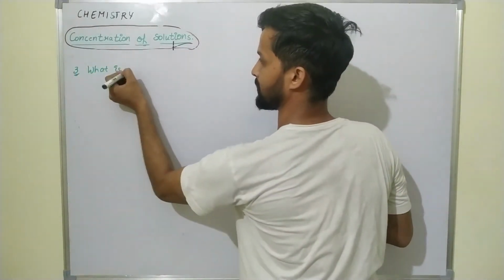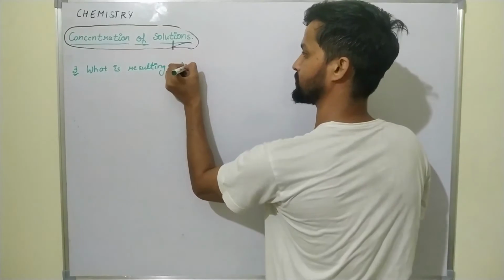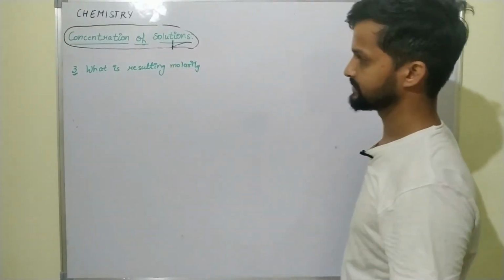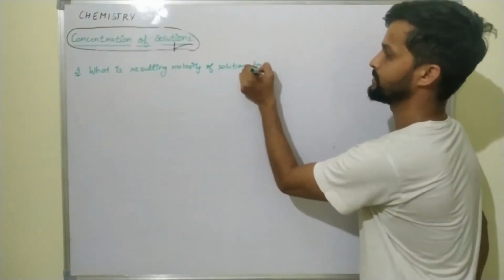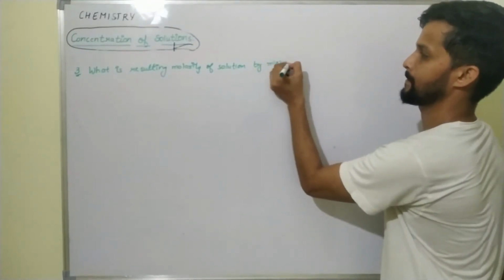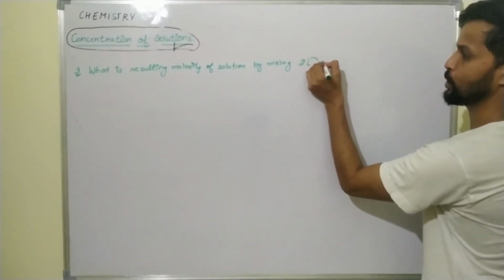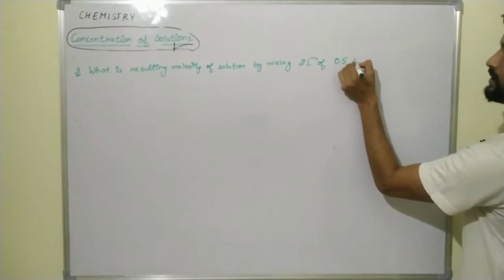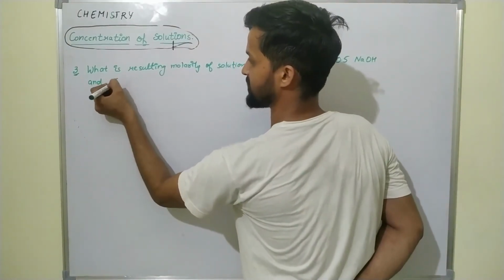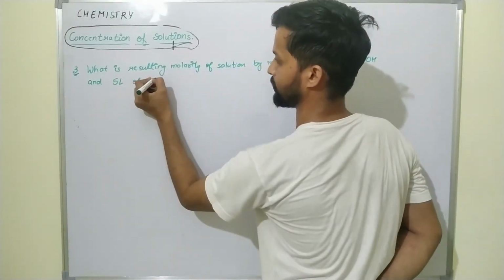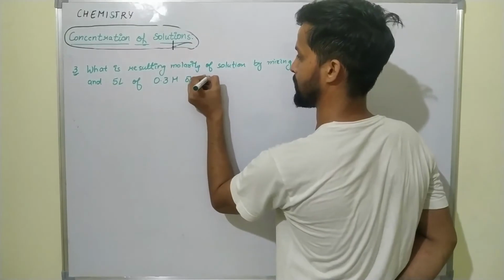What is the resulting molarity of solution by mixing 2 liter of 0.5 sodium hydroxide and 5 liter of 0.3 molar of sodium hydroxide.